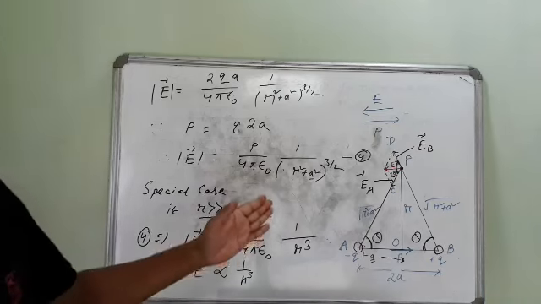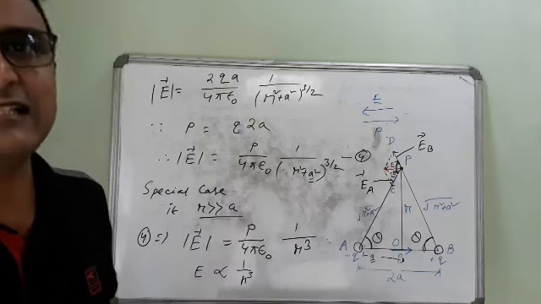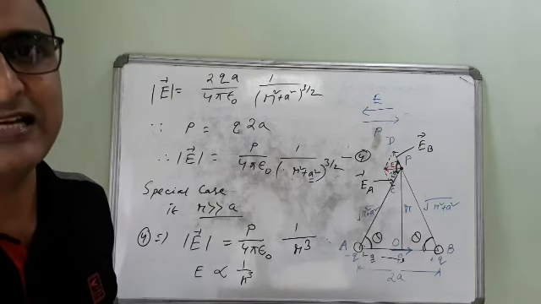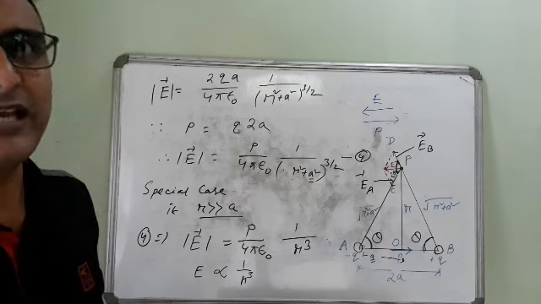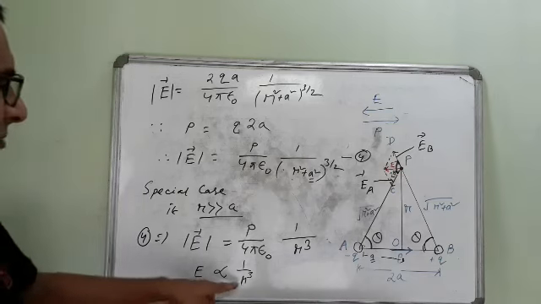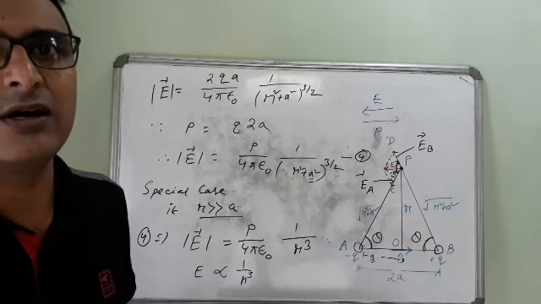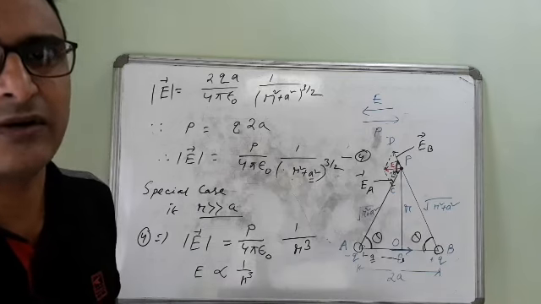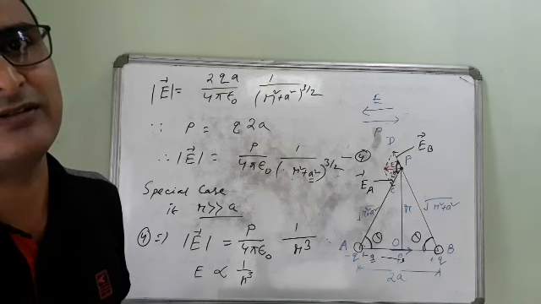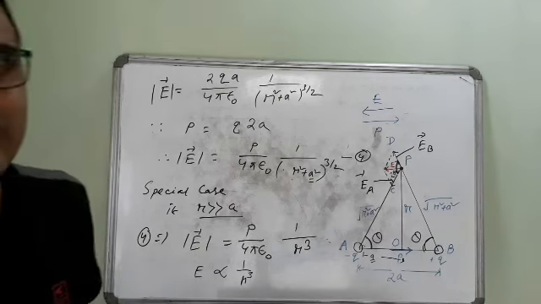But here we have seen that the electric field lies in the opposite direction of the dipole moment. And in both cases, the electric field is inversely proportional to the cube of the distance of observation from the midpoint of the electric dipole. I hope you have understood. Thank you.